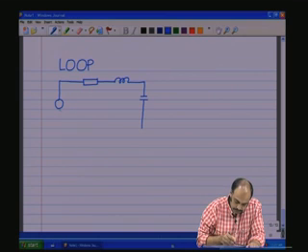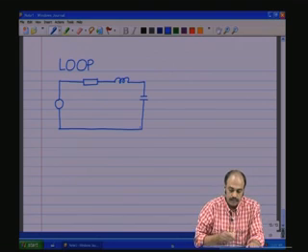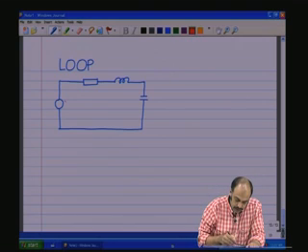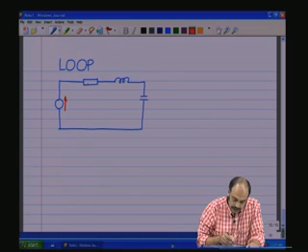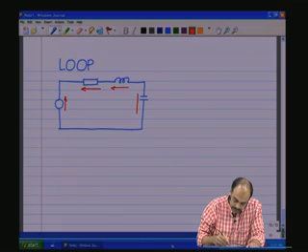RLC circuit. Now, each of these components will have a voltage across it. There is a voltage across this and a voltage across this.